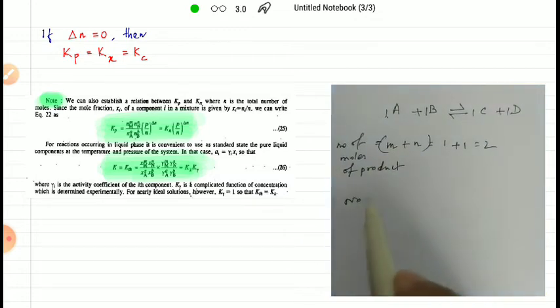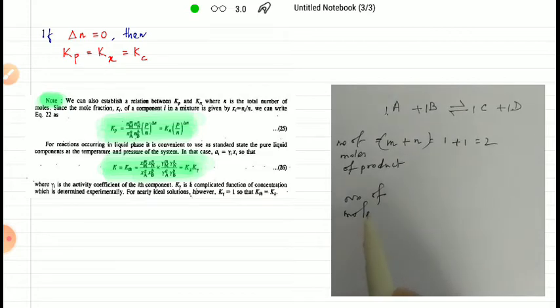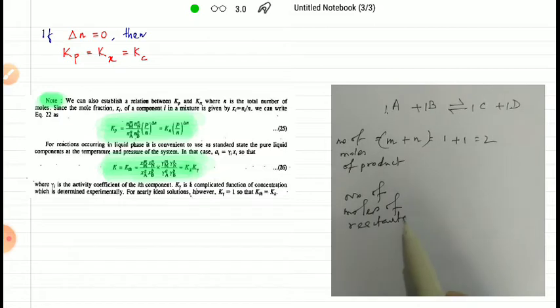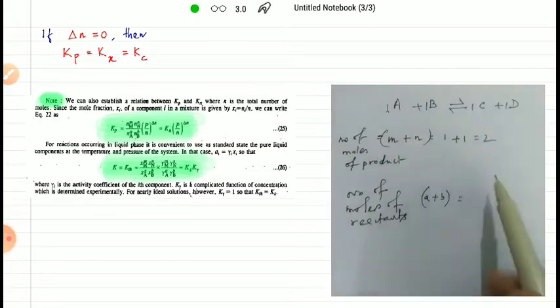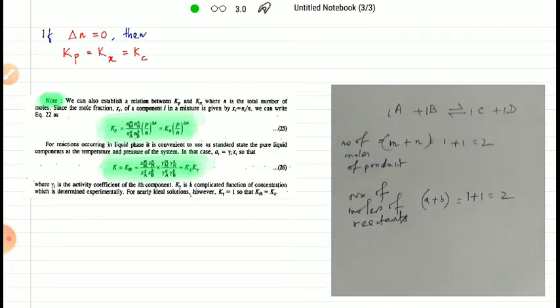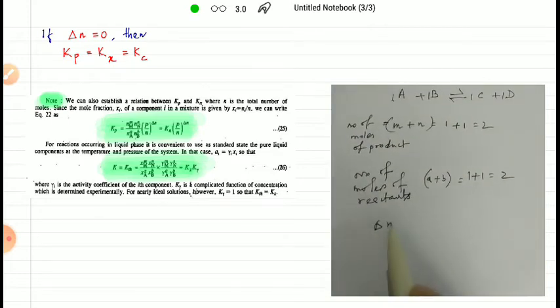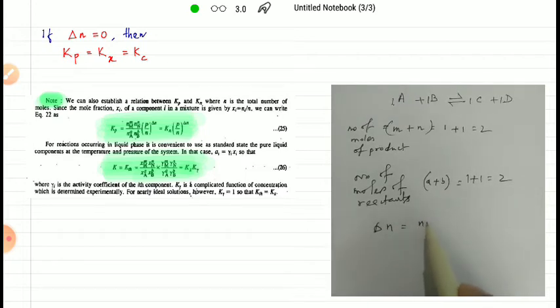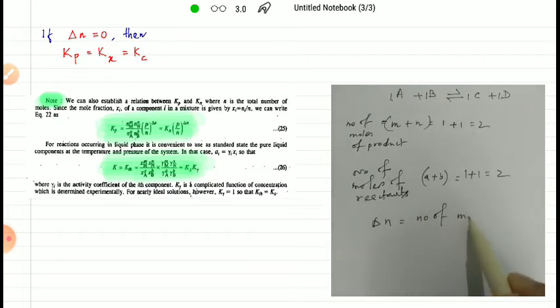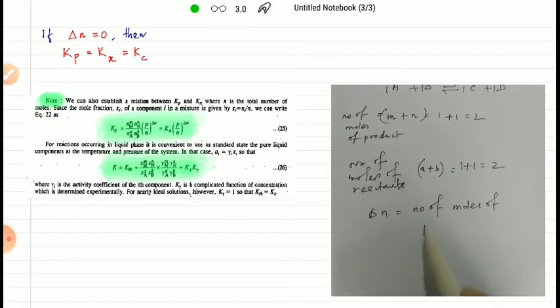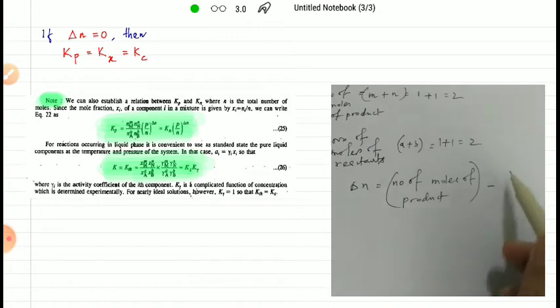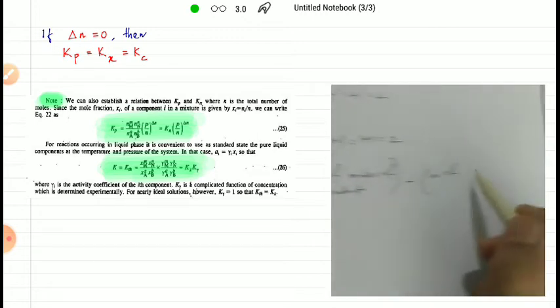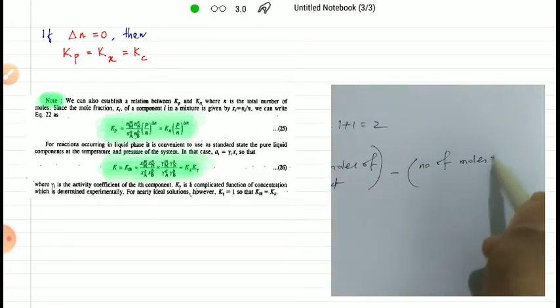And similarly, the number of moles of reactant: how many moles are present? 1 plus 1 is equal to 2. So del n is the number of moles of product minus the number of moles of reactant.